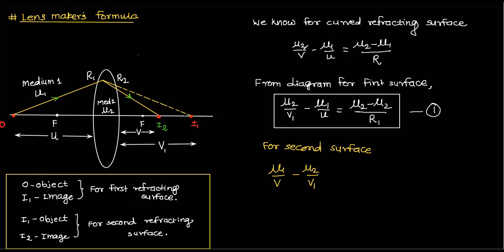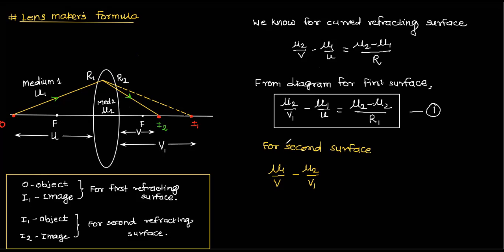That's why if you will see this formula, mu2 by v minus mu1 by u is equal to mu2 minus mu1 by r. Here at the place of v, I have kept v1 because for the first surface, v1 is the image distance. And at the place of u, I have kept u because this O is object for the first refracting surface. Similarly, for second surface, in this formula only you see this. Now here it is again mu1 because mu2 is medium 1 now and mu1 is medium 2.